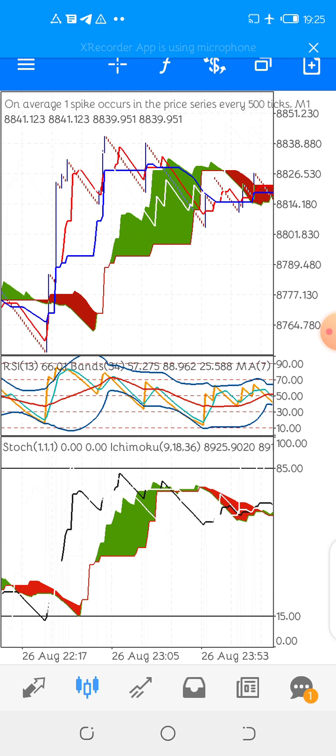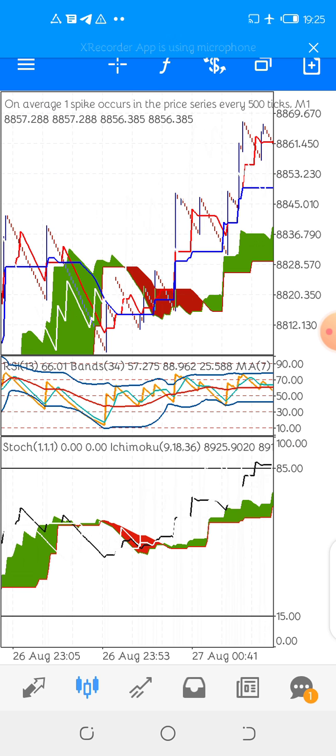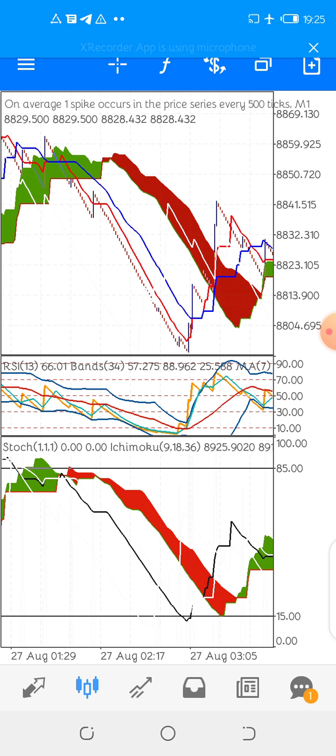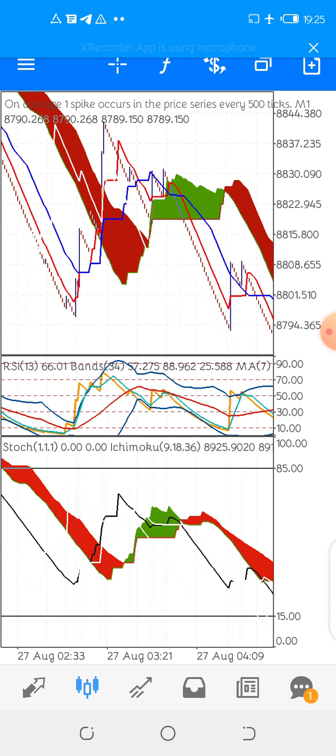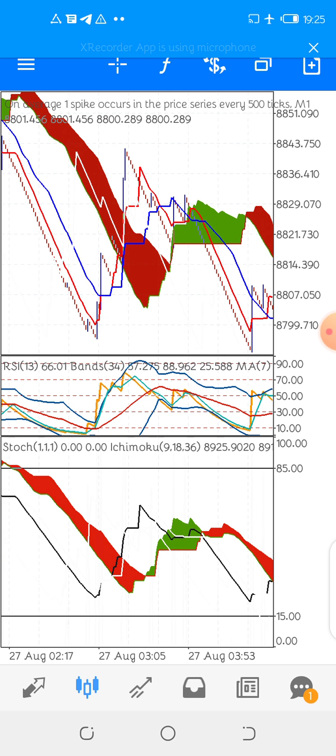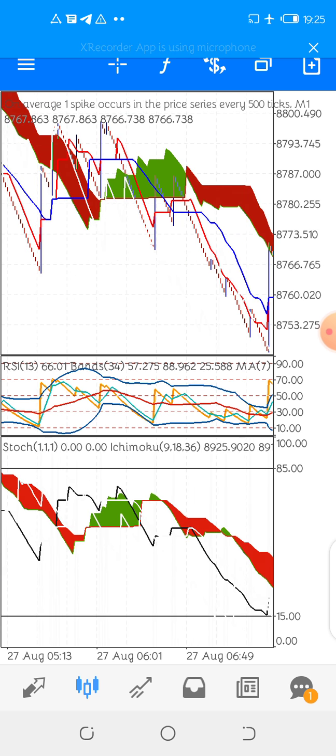Okay, ranging again, above the cloud green, all those are spikes, and then we crossed again. So it's always a game of zigzag. Unfortunately, the market can play you, you'll never know the exact position where to get them spikes. So only get into the market when you are so sure.